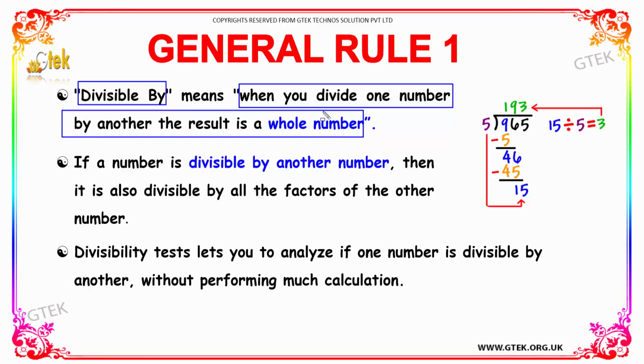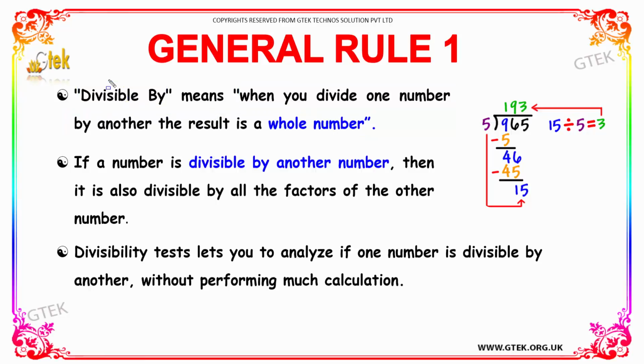That is the condition which you emphasize in the phrase divisible by. That is, if you say 965 is divisible by 5, it means that if you divide 965 by 5, that gives you a whole number as the answer. So in this case, we can say that the number is divisible by another number.